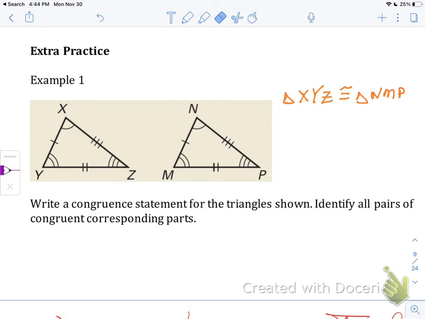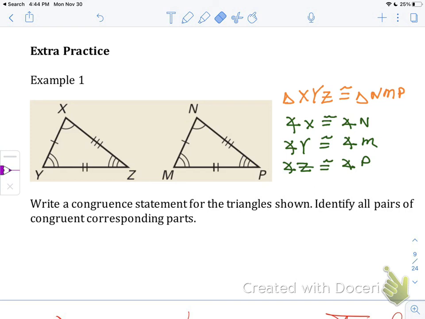Now let's do all pairs of congruent corresponding parts. So based on this statement, the angles would be angle X is congruent to angle N, angle Y is congruent to angle M, and angle Z is congruent to angle P. Then let's change our color again, and we're going to do the sides.